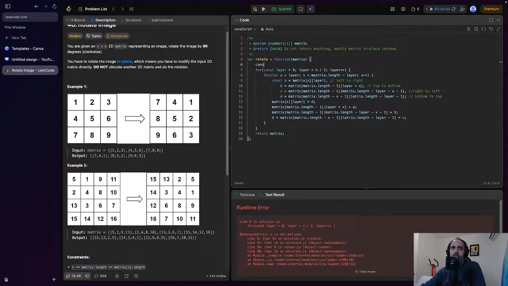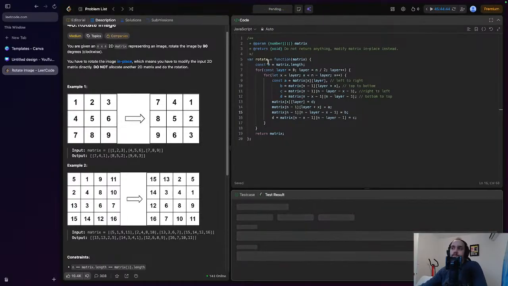Let's do this. Let's do const n equals matrix dot length. Then we could just use n everywhere that we used matrix length. We'll run it.